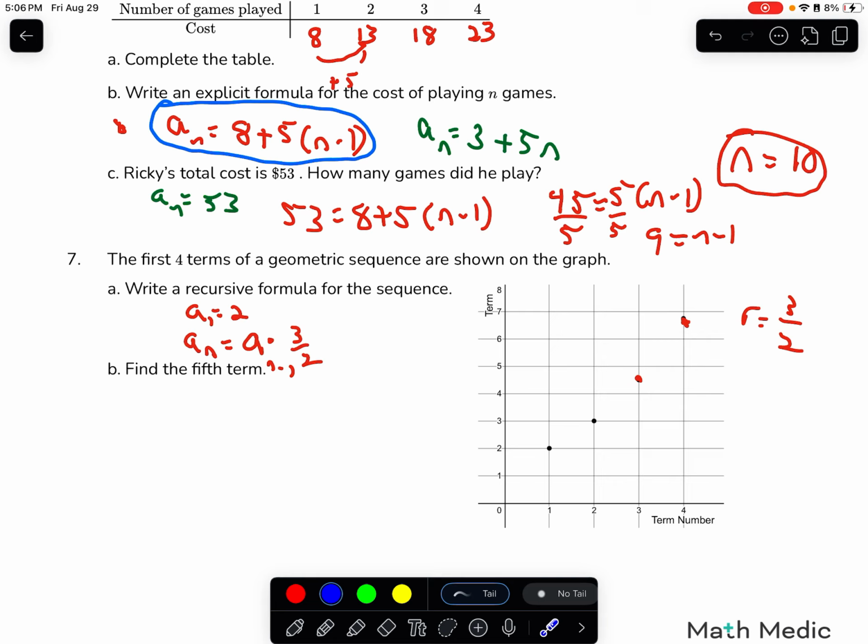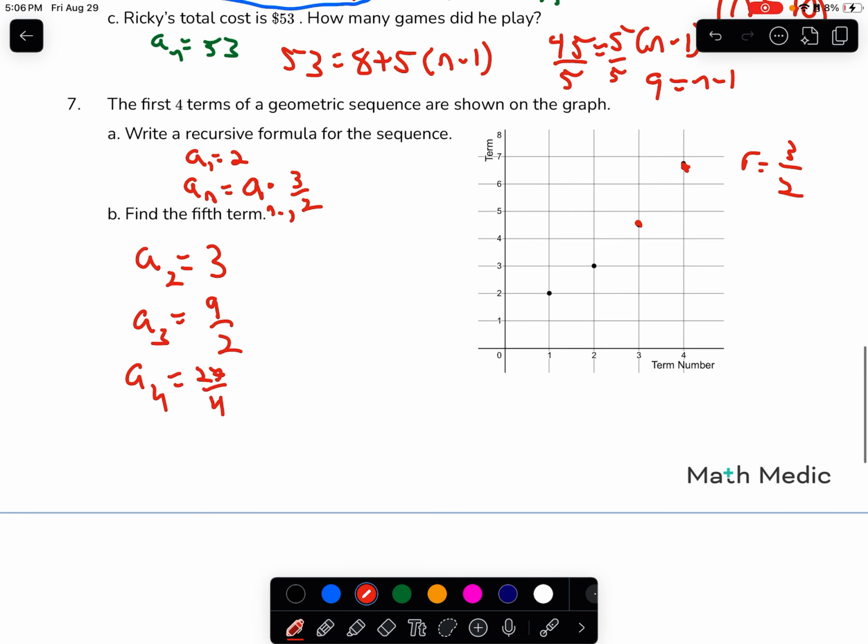And then it says find the 5th term. So we know a sub 2 is equal to 3. We know a sub 3 is equal to 9 halves, just multiplied by 3 halves. A sub 4 multiplied by 3 halves would be 27 fourths.